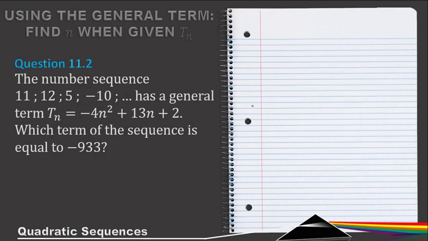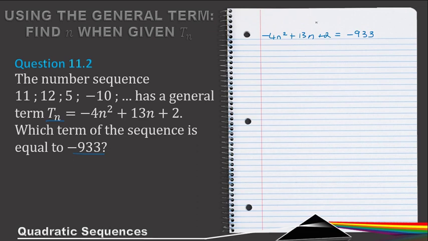Right, then for question 11.2, the number sequence has a general term Tn equals negative 4n squared plus 13n plus 2. Which term of the sequence is equal to negative 933? Okay, so once again, this is my value for my term, so we're going to substitute in Tn. Negative 4n squared plus 13n plus 2 is equal to negative 933.